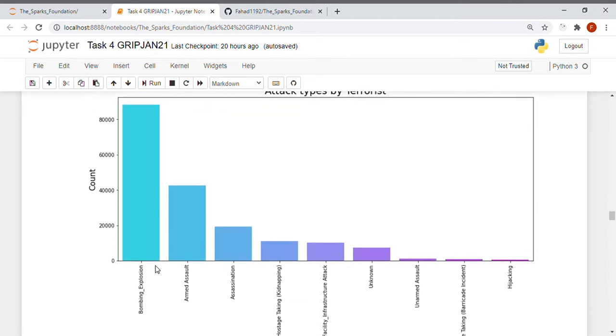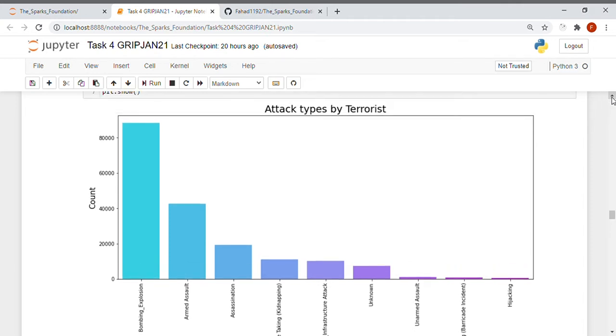We can see bombing and explosion is very high, nowhere near the other types of attacks. More than 80,000 bombings and explosions have happened. It's a huge number. Then comes the armed assault, assassination.